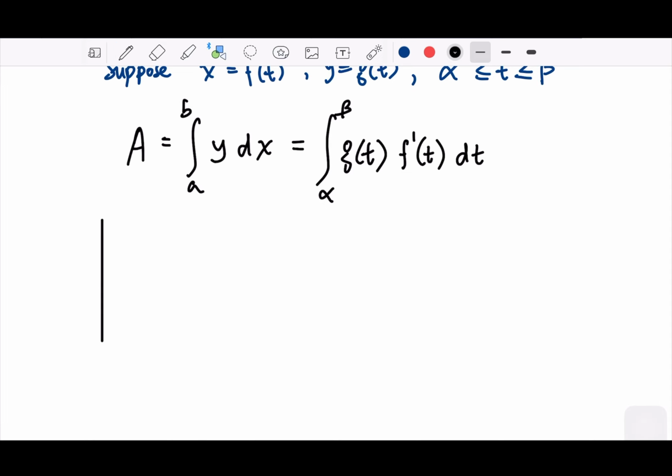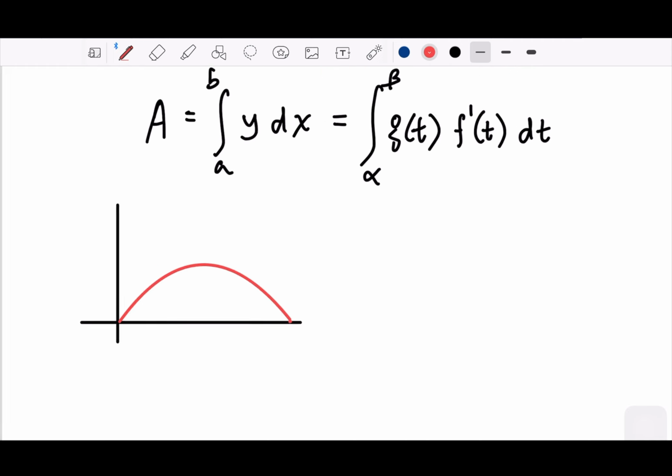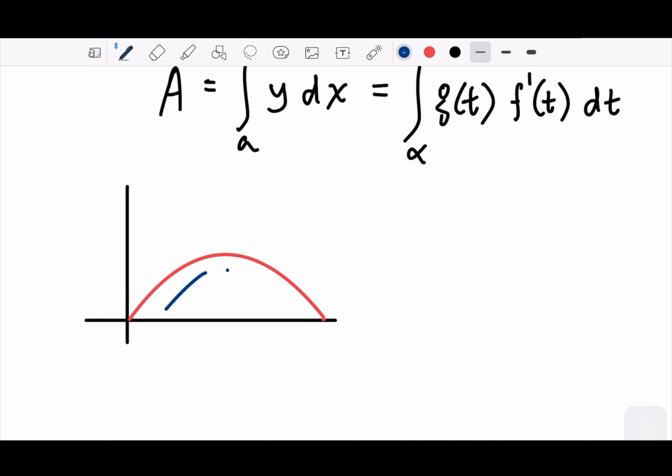I just try to have the area from the cycloid we have done. Let's say we want to check this area here. The cycloid is x, y in terms of r and theta.